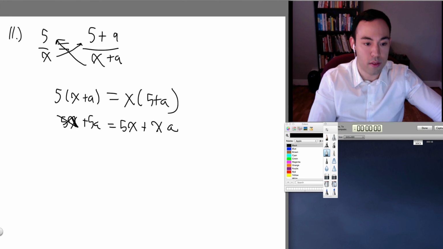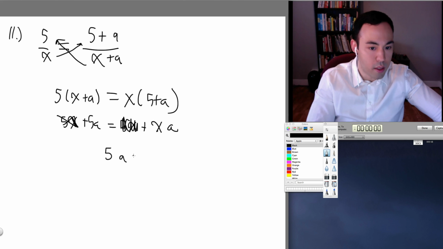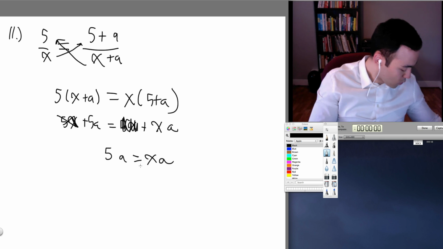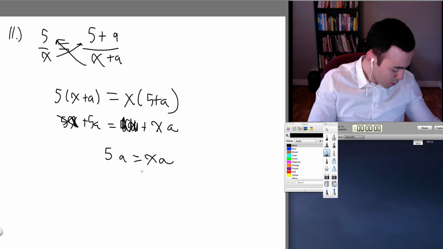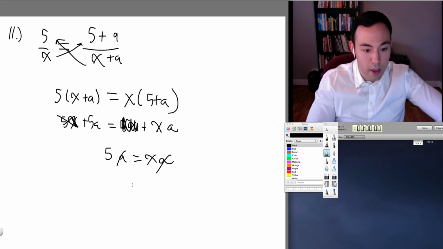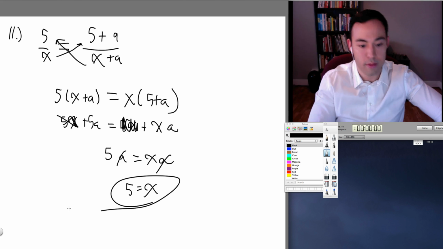The 5x's will cancel out. And then we have 5a equals xa. So now, when is this true? Let's go ahead and divide that out, and ta-da!